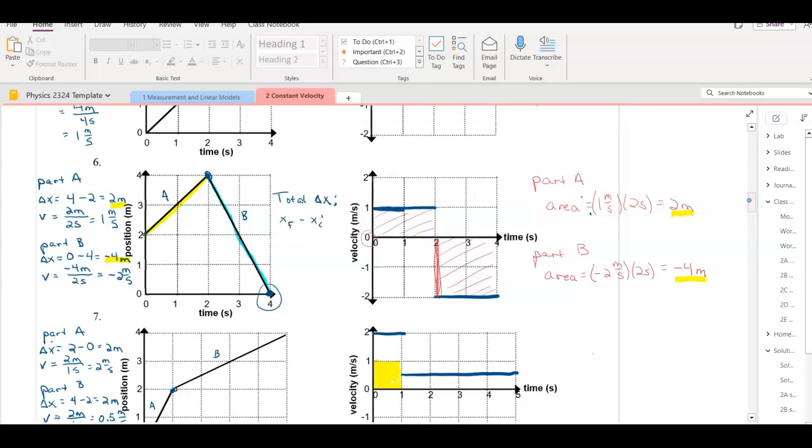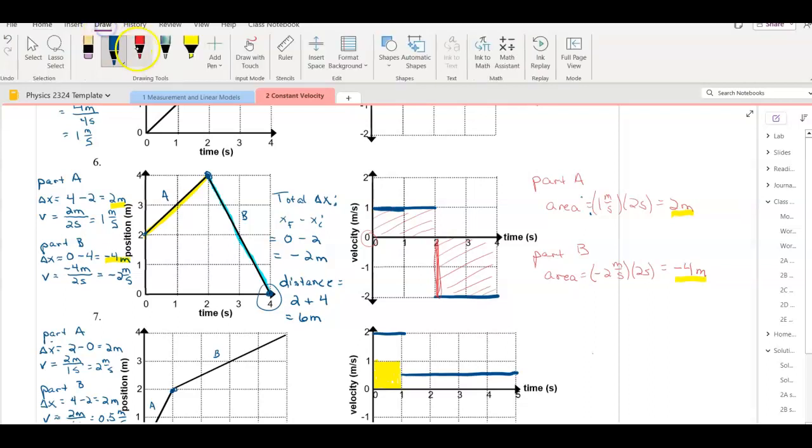It ended up at position 0, and it started at position 2, and so we have a total displacement of negative 2 meters. But the distance moved was 2 meters in the positive direction plus 4 meters in the negative direction, so it moved a total of 6 meters.